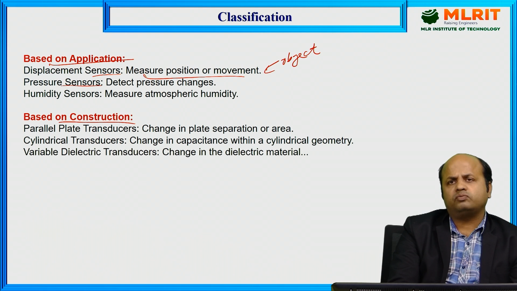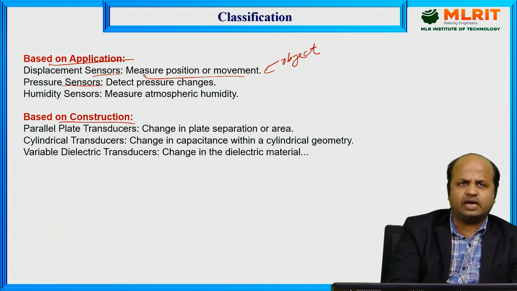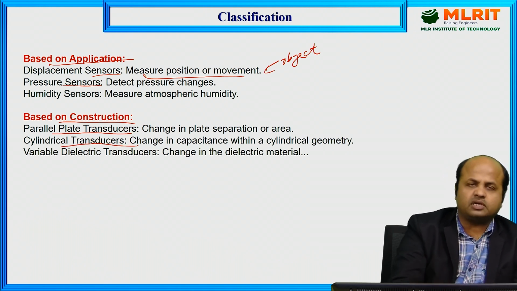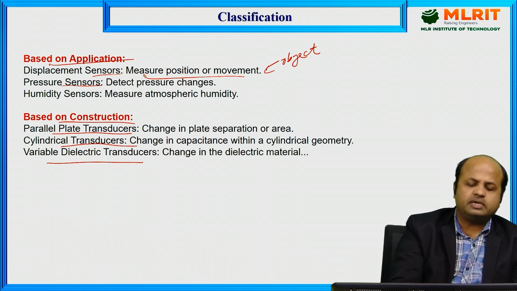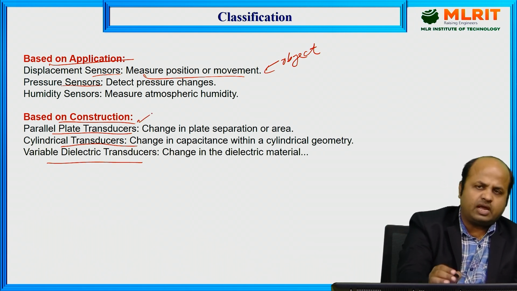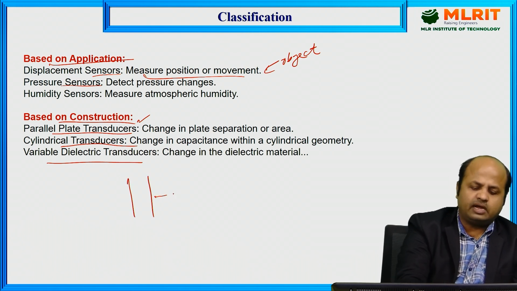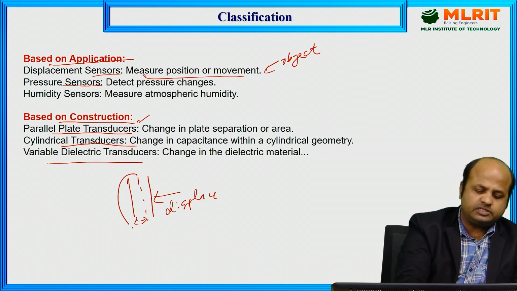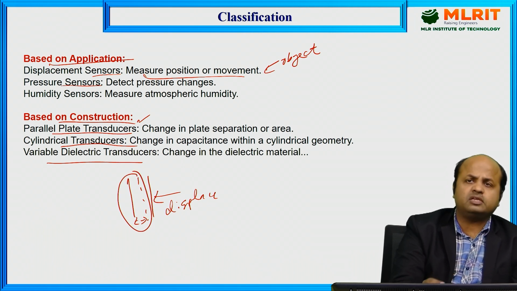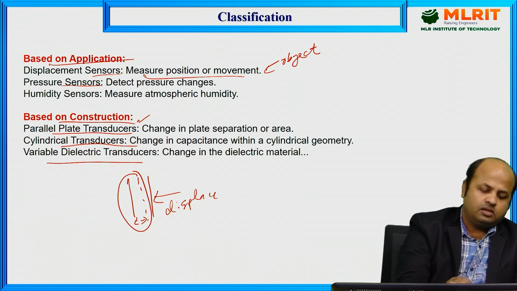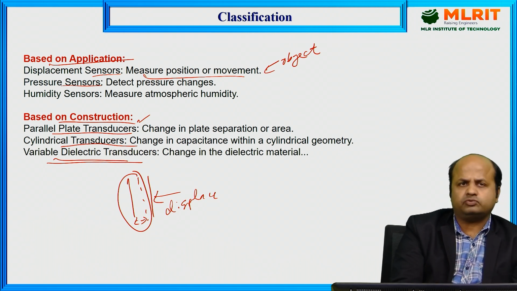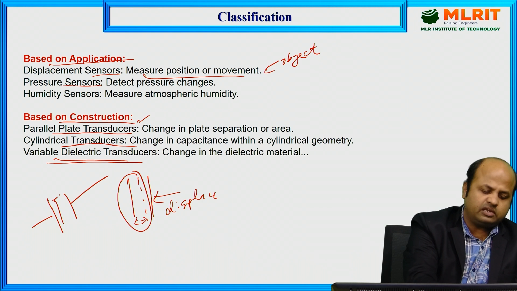Based on construction, we can classify capacitive transducers as parallel plate transducers, cylindrical transducers, and variable dielectric transducers. In a parallel plate transducer, we keep two plates parallel to each other, and whenever some displacement is detected, there is a change in the distance between the two plates, and so a change in capacitance. For the variable dielectric transducer, suppose we have a capacitor with a dielectric in between.